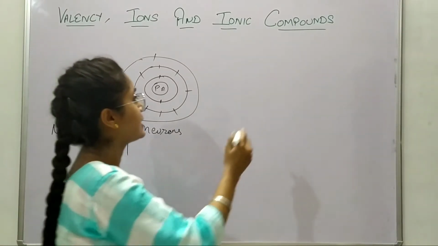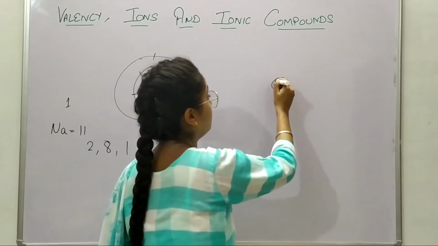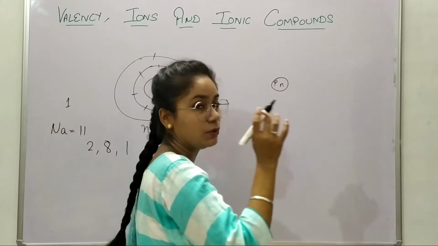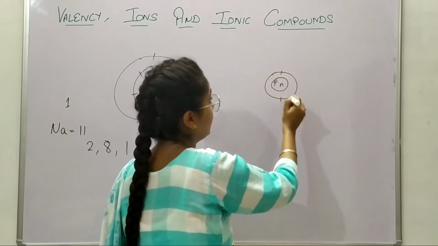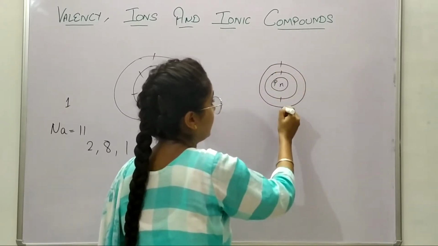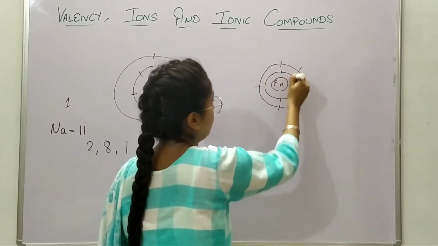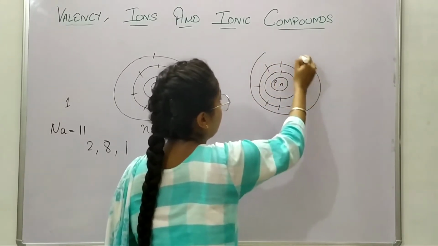Similarly, let us take an example of chlorine. At the center there are protons and neutrons in the nucleus, and then surrounds the first orbital that contains 2 electrons, then the second orbital that contains 8 electrons, and in the third orbital, how many electrons would be there?